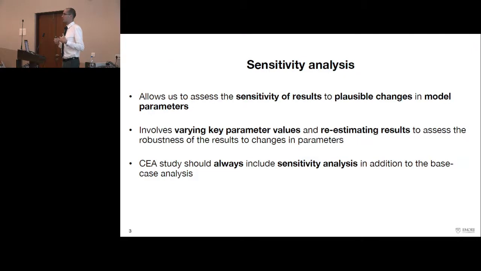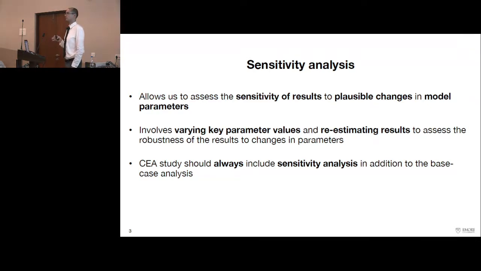We can account for this by varying every single parameter in the model over some range to assess how the ICER, the ultimate outcome that we're interested in, varies with different values of the input parameters. Let me stress here that doing a sensitivity analysis is absolutely critical.